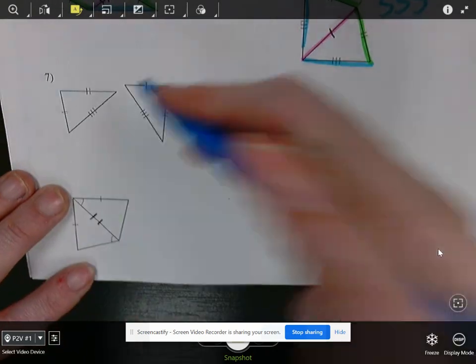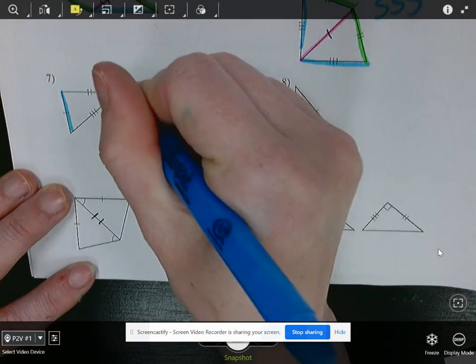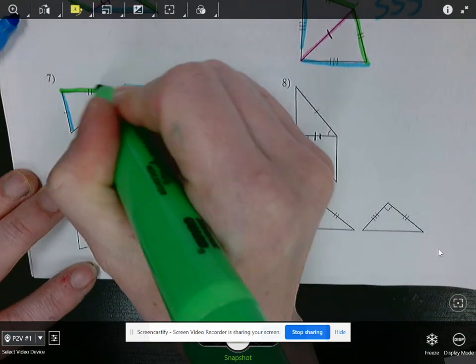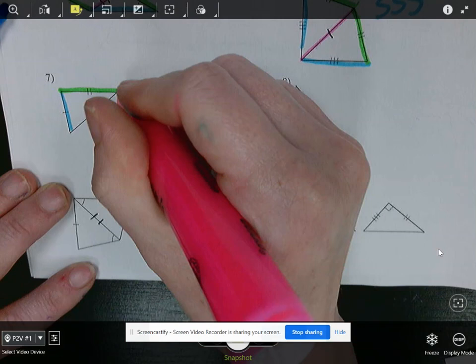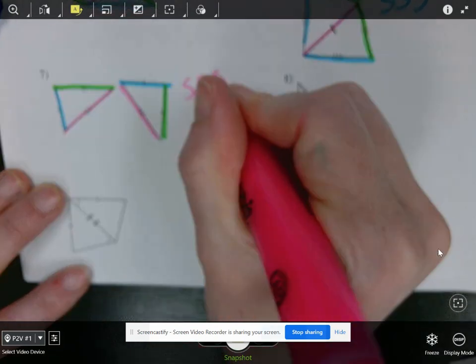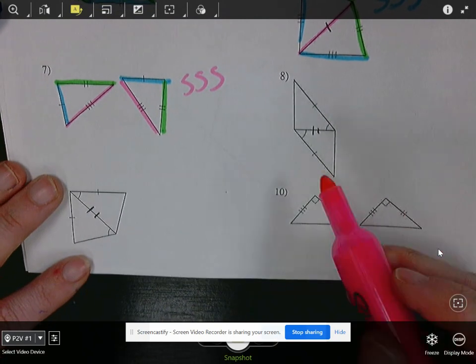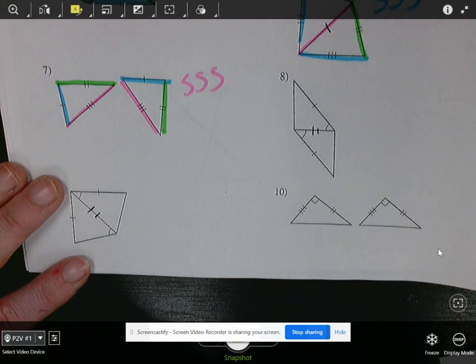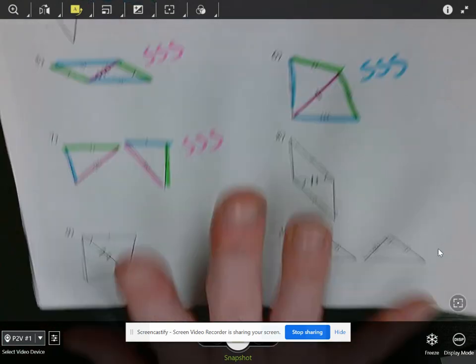And number 7, this set of sides, this set of sides, and this set of sides have all been marked congruent, so I can use side, side, side. Okay? And none of these others have all 3 sides marked, so I couldn't do side, side, side on those. To me, that's the easiest one to use, is side, side, side.